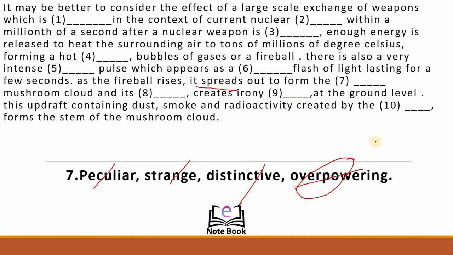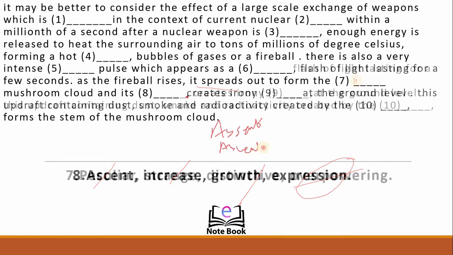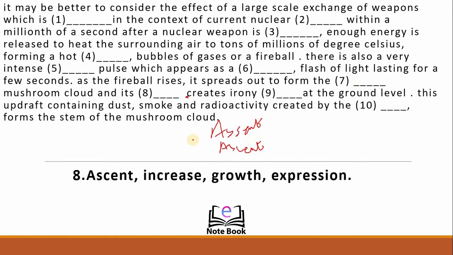And so I will use the word overpowering, because nowhere do I get a hint that it is peculiar, strange, or something very distinct. Now please note that here we have a homonym for ascent. There are two types of ascent that we pronounce in the same way, but the spellings are different. One assent means to agree, while the other ascent means going up or climbing up.